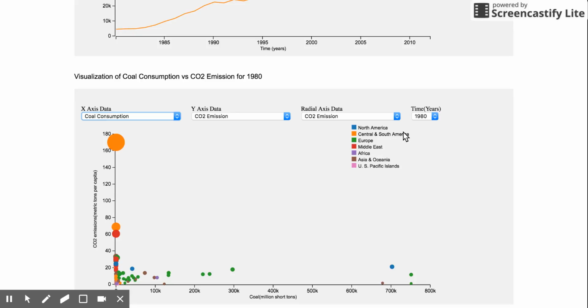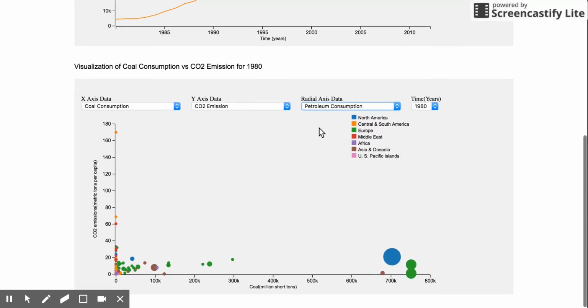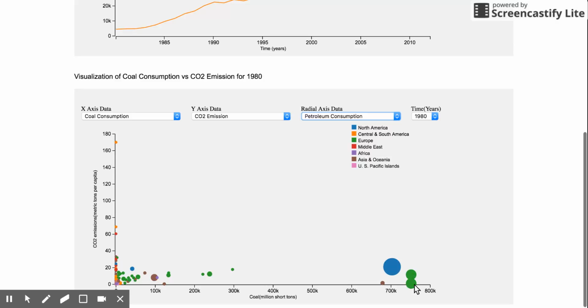See, more CO2 emission. I think we need to change this to petroleum consumption. Okay, so now we see some pattern. Europe is again less coal. They are consuming and also emitting very little, while Central and South America are consuming less and emitting more.